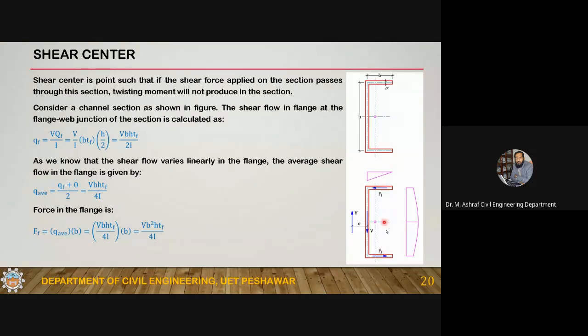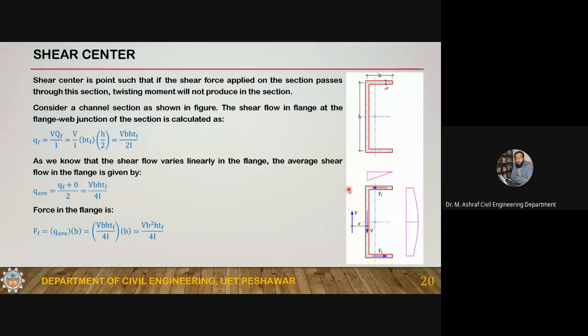Now if you see these two forces, they are making a couple. This FF in the top and bottom flanges is making a couple, and in this particular case it is a counterclockwise couple. So it is trying to twist the section, because the axis perpendicular to this point is the axis of the member.